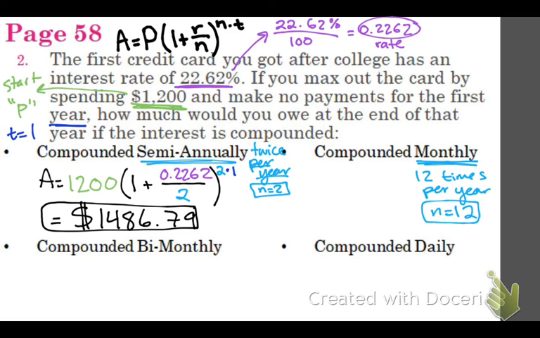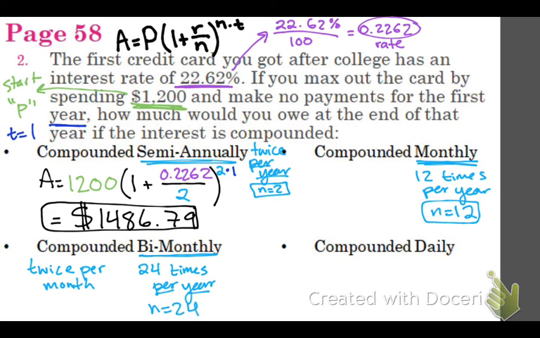So if something's happening bi-monthly, how many times in a year? 24. It's happening twice per month for 12 months. So it's 24 times per year. If it's compounded daily, that's where we have 365 times per year. And our n would be 365.